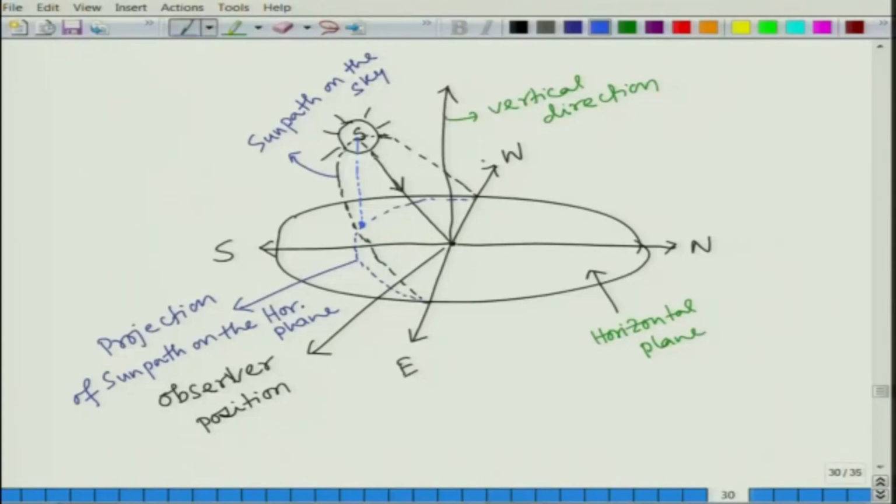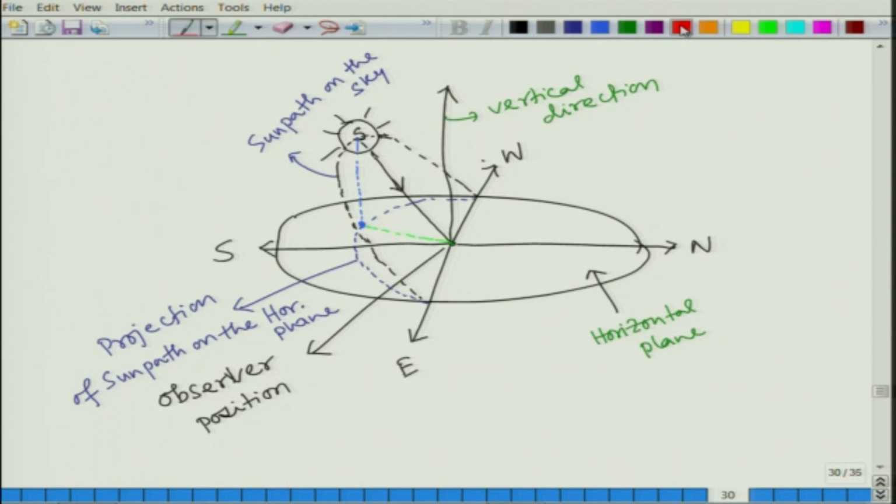From here, we can connect this point to the observer position, that is your position.